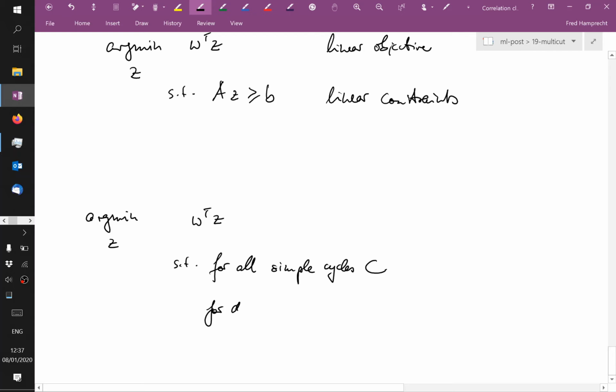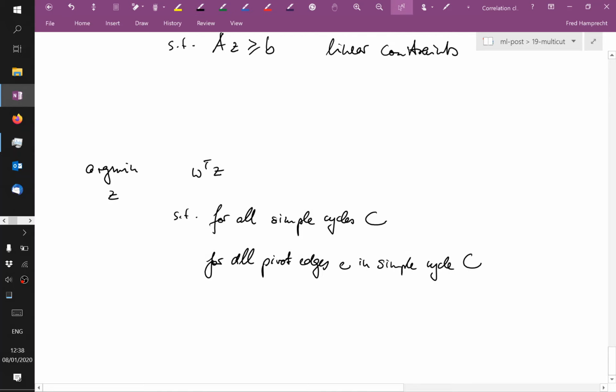in our graph, and then for all pivot edges E in my simple cycle C, I require that z_E, the edge cut indicator for this pivot edge, should be no more than z_F.